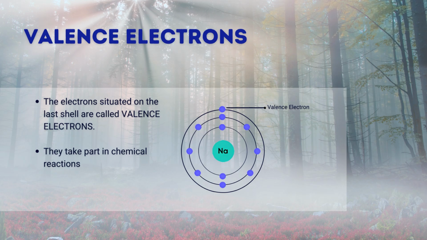For example, elements with a full valence shell, such as noble gases, are generally unreactive, while elements with one or a few valence electrons tend to be highly reactive and readily form bonds with other atoms. Understanding valence electrons is important in predicting a chemical reaction and understanding the behavior of elements in the periodic table.